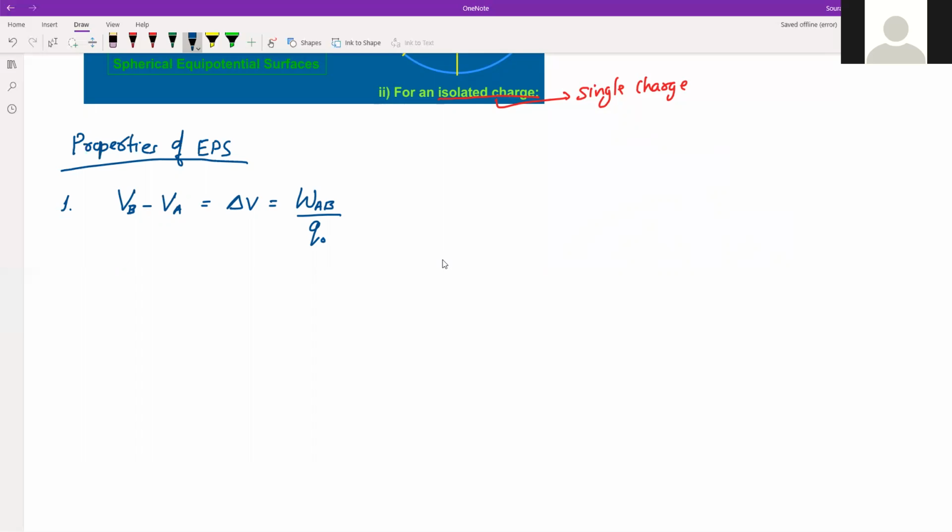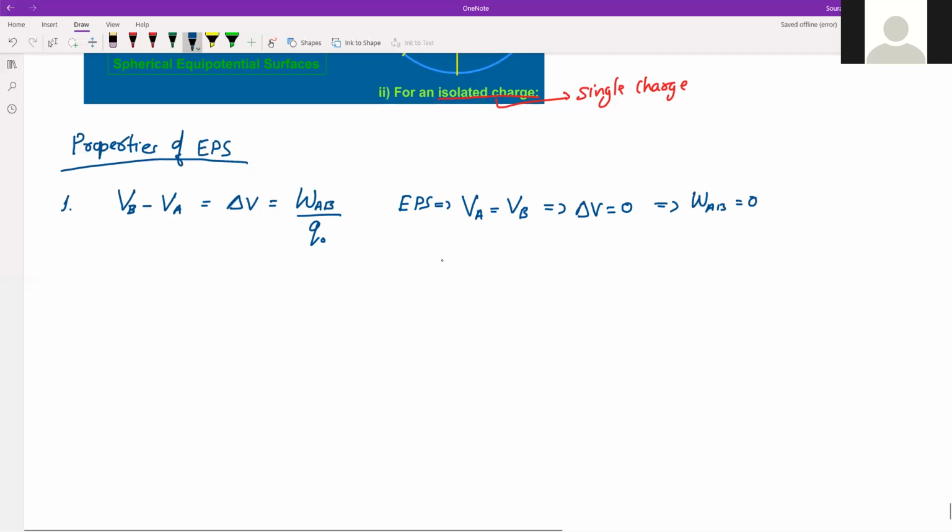We know this. Now for an equipotential surface, VA must be equal to VB. That means delta V is equal to 0. Charge cannot be 0, so it is the work done which is 0.